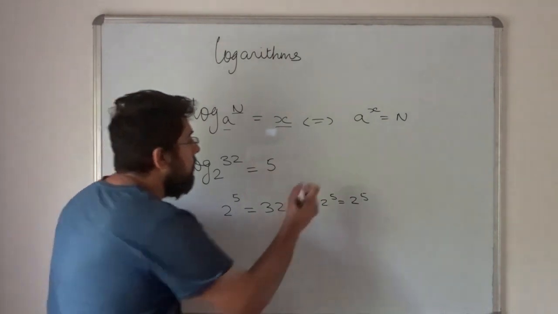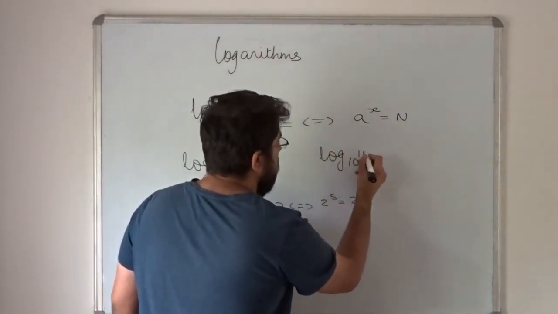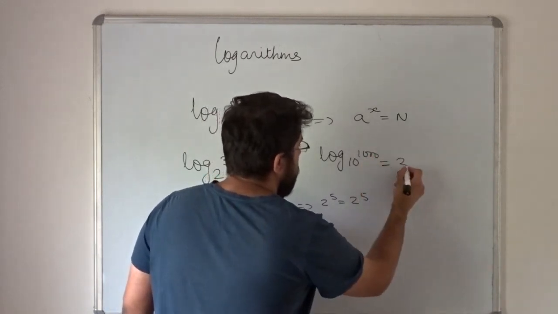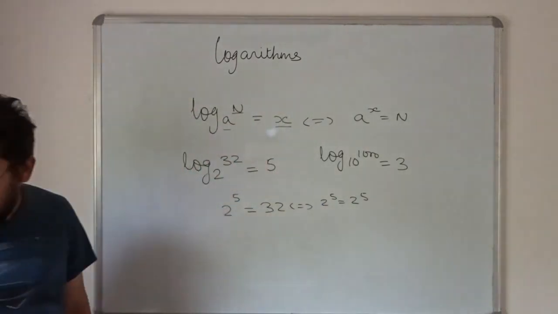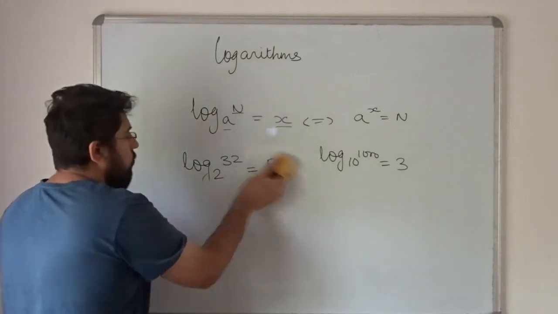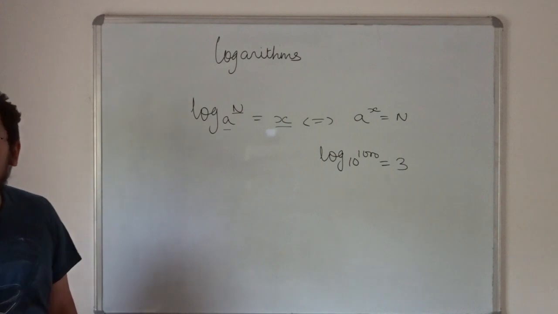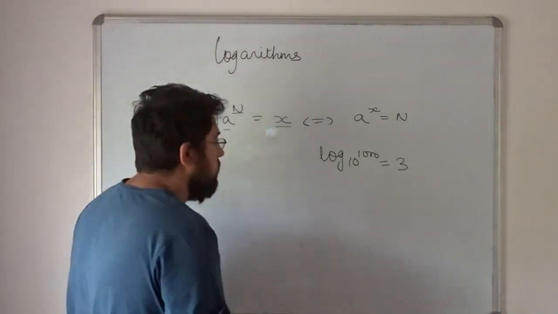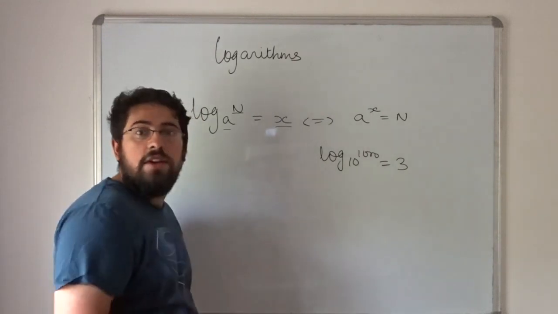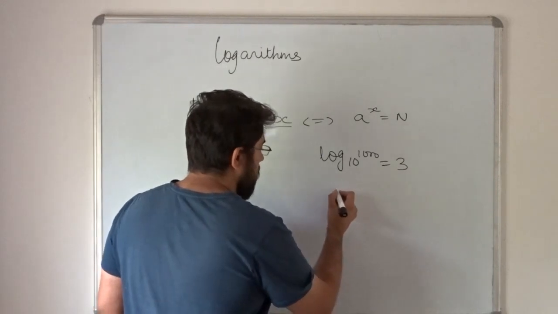Let's take another example. Log base 10 to the power 1000 equals 3. How would you write this? This is again very simple, nothing tricky.